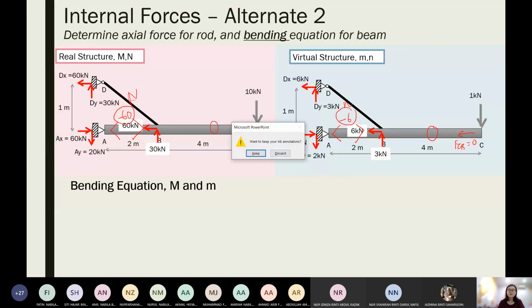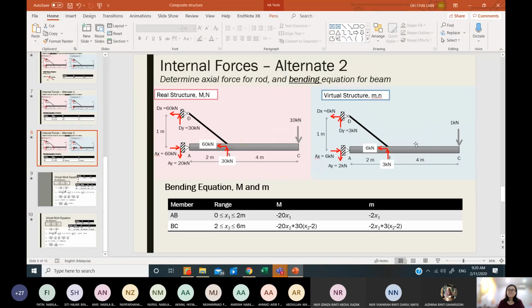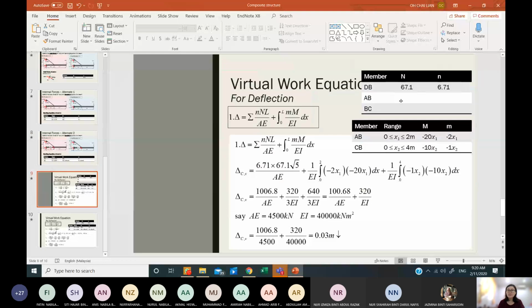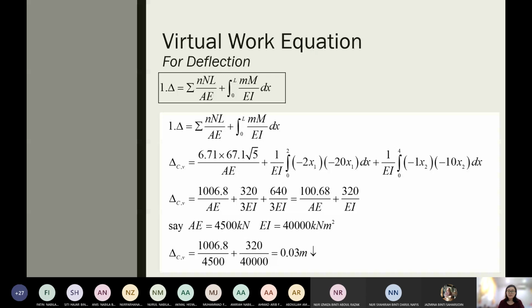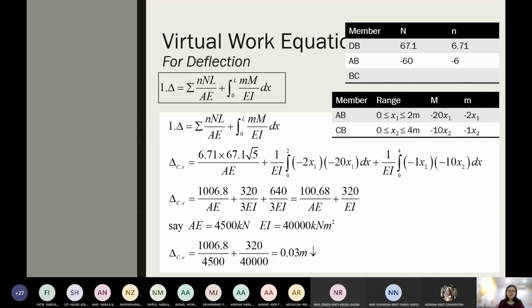You can put them in the table just now, so here will be -60, -6. What is different from here is that later you need to add another one for the beam.